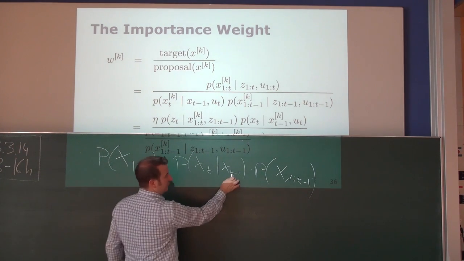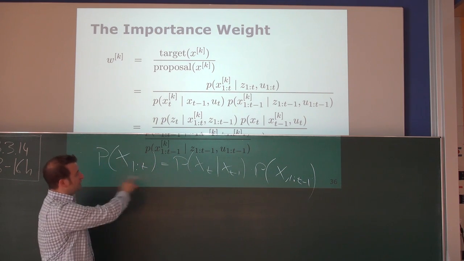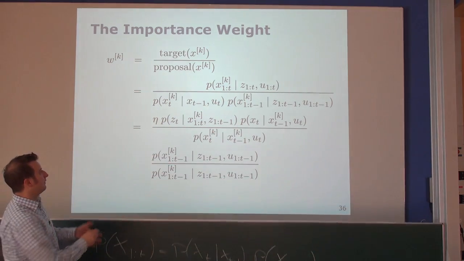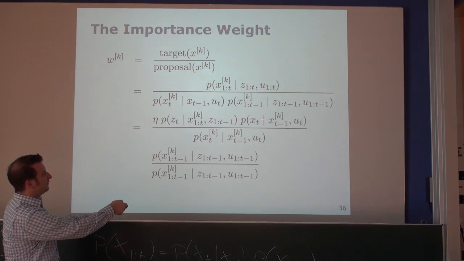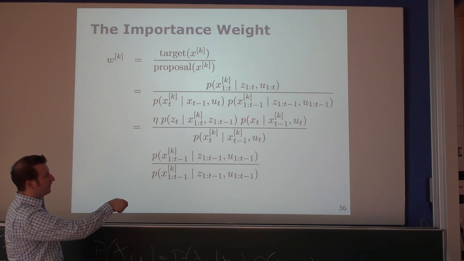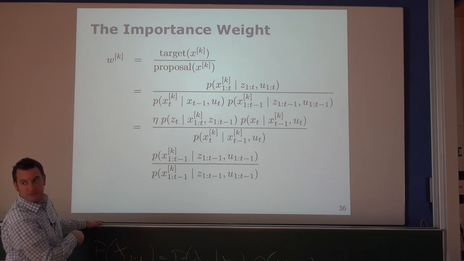And here, I use the Markov assumption, otherwise I would have x1 to t minus 1 here. This is exactly what is done over here. So the second part of the Bayes rule was all poses from x1 to t, which is split up here into xt and all the previous poses.